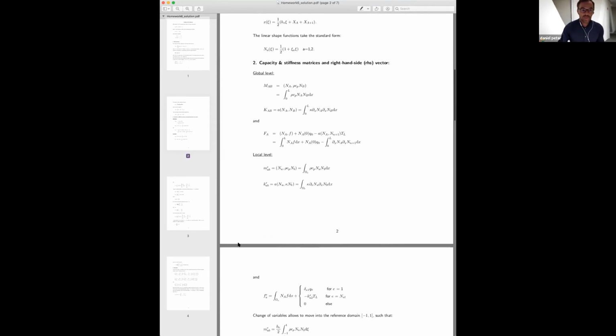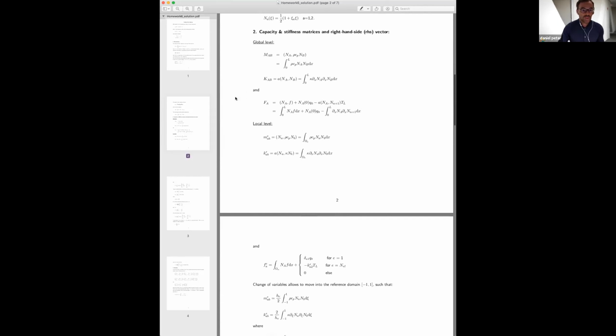And then we have these local contributions. So here it's written out for the mass or the capacity matrix. On top you have the global mass matrix or capacity matrix and stiffness matrix K, A, B, and the force or the right-hand side vector.